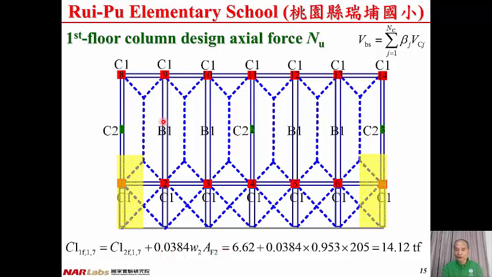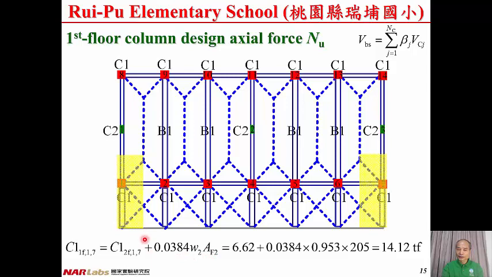That means that the total floor area is AF2, and the column C1, number 1 here, is covered by 0.0384 of the total area. Therefore, C1 on the first floor for number 1 and number 7 is equal to 0.0384 small w2 times AF2.